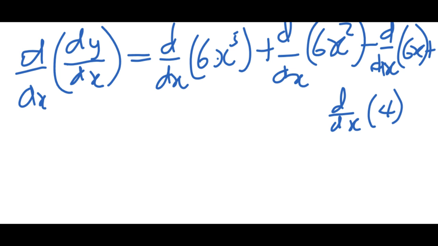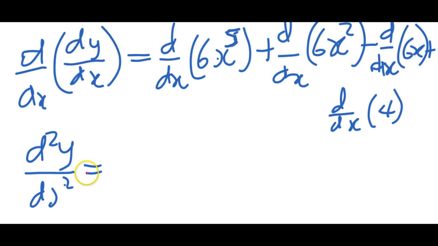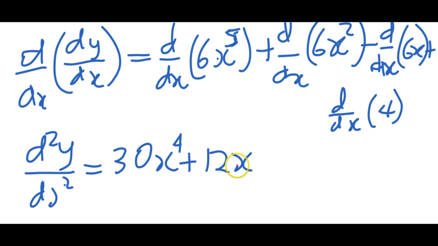So when I differentiate the second time, I'm going to get d squared y over dx squared equals, here is power 5, because we had it as 5, then 5 times 6 is 30, x to the power 4, plus 12x for the second one, then minus 6, then plus 0.